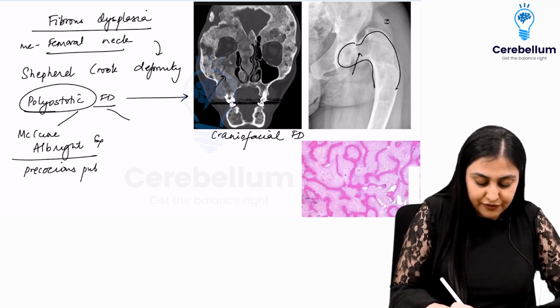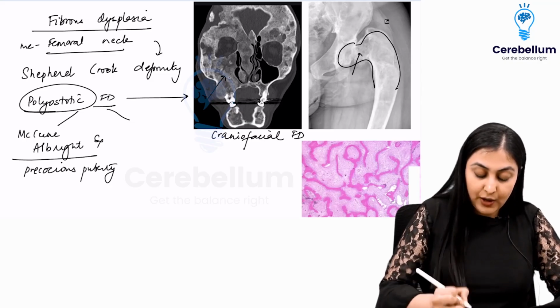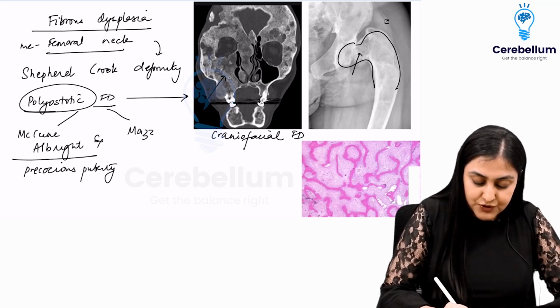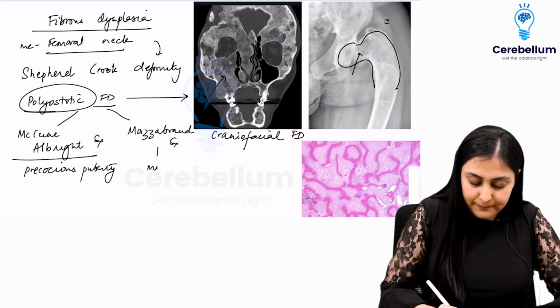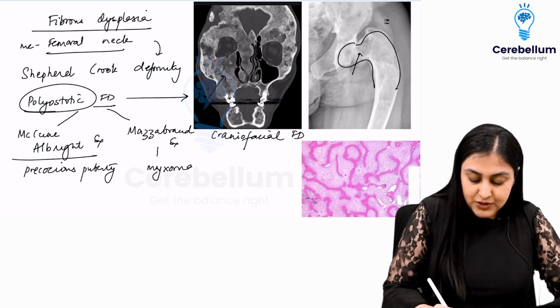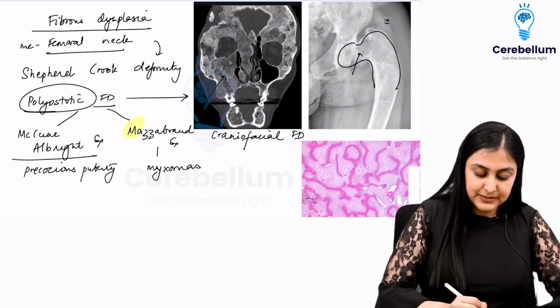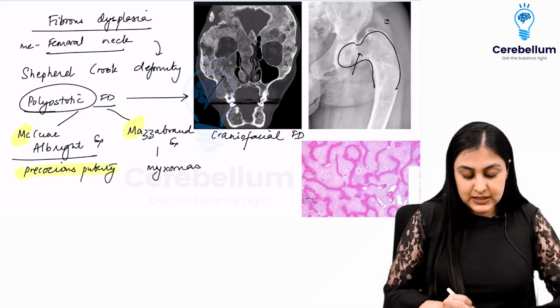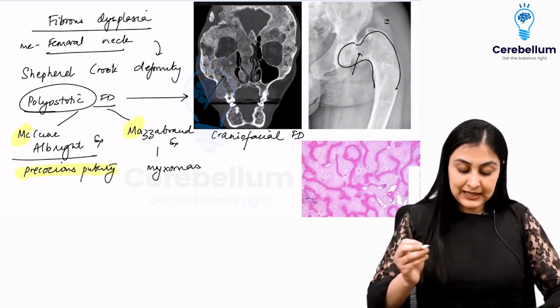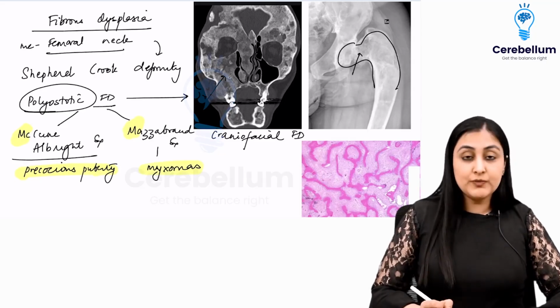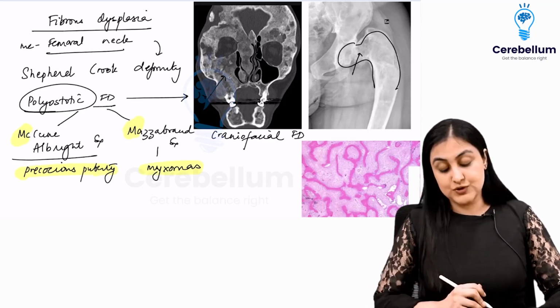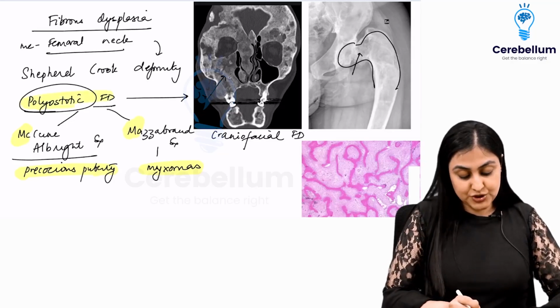So they'll give you history of precocious puberty here, or it could be Mazabraud syndrome. Mazabraud syndrome is associated with multifocal myxomas. Okay, so two M syndromes: McCune-Albright is going to be precocious puberty, whereas in Mazabraud syndrome, you're going to have multifocal myxomas. Okay, so this is about polyostotic FD.